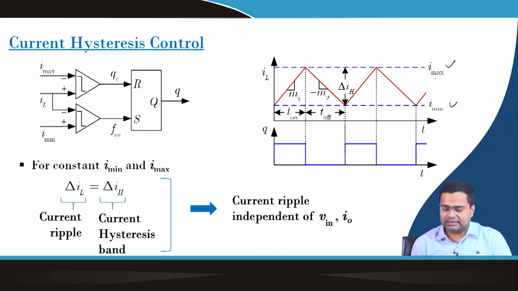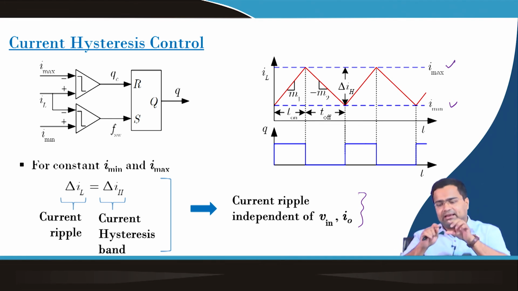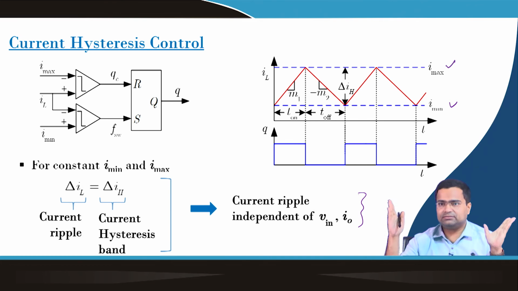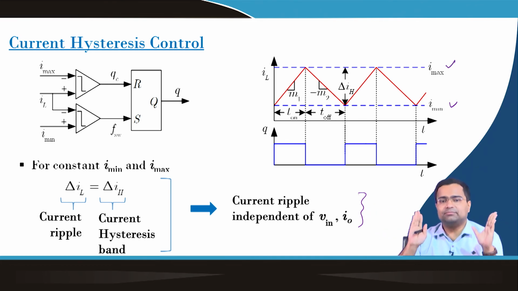The current ripple is independent of input voltage and load current, and will remain the same for wide variation in the input voltage even if the load current varies. As a result, the time period will vary, because if the ripple current is kept constant, then the time period will vary for different input voltage conditions.